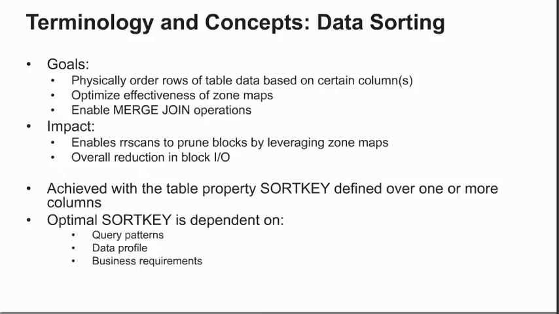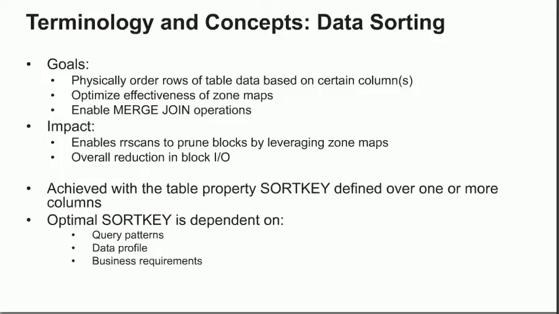Picking a sort key is really based around your business requirements, your query patterns, that sort of thing. In a lot of cases, if you have time series data, you're typically filtering between two different timestamps. Maybe it's clickstream data or something like that, or maybe sales data that's based on time.